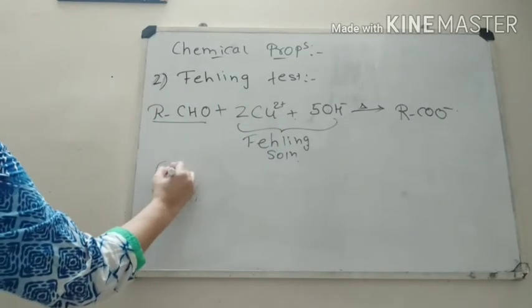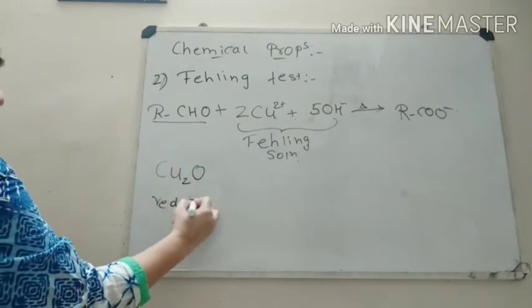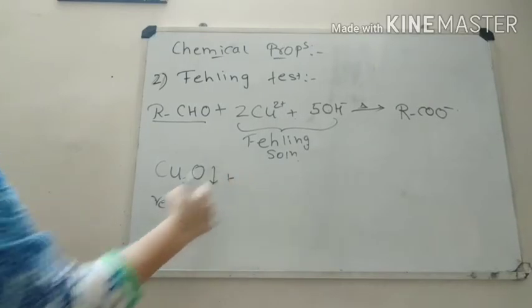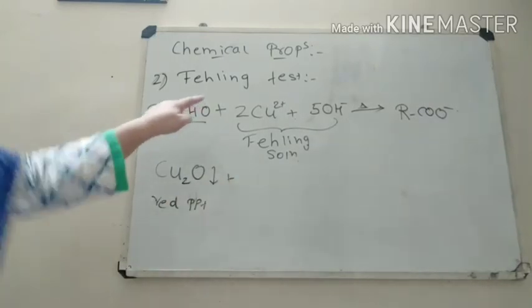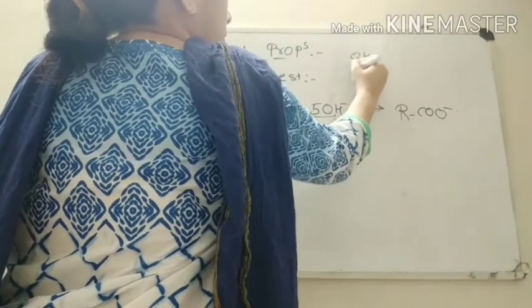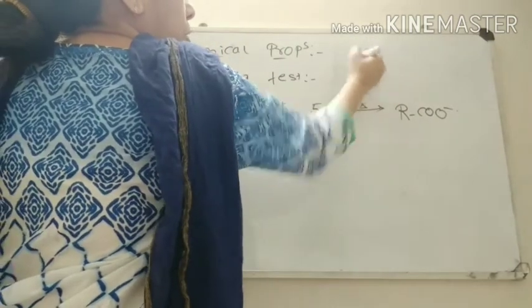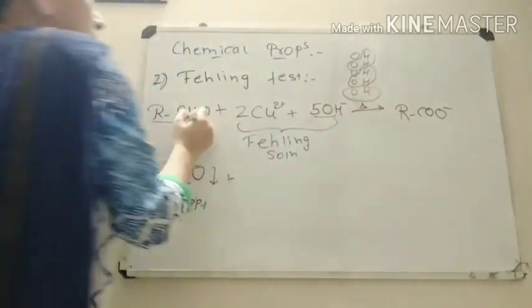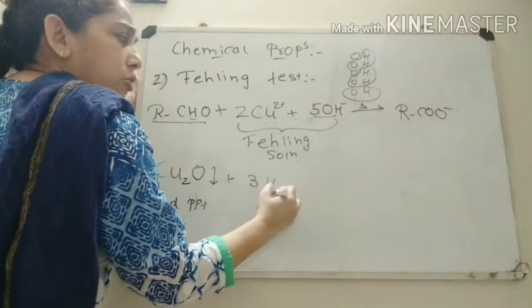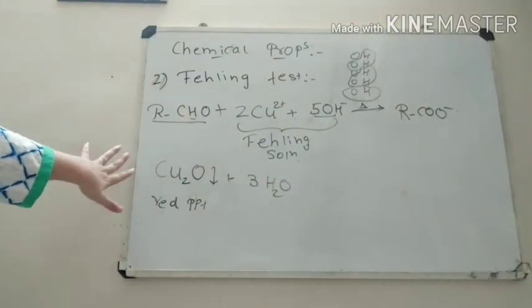So it gives Cu2O, known as the cuprous oxide red precipitate. Now if we bifurcate this OH, one molecule, 2 molecules, and this OH and this hydrogen, so 3 molecules of H2O. So this is the Fehling solution test.